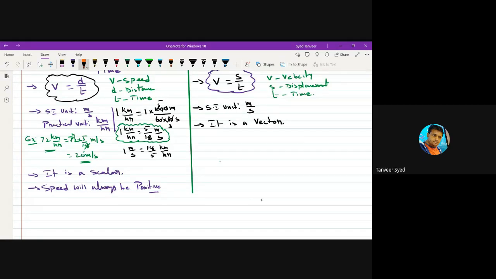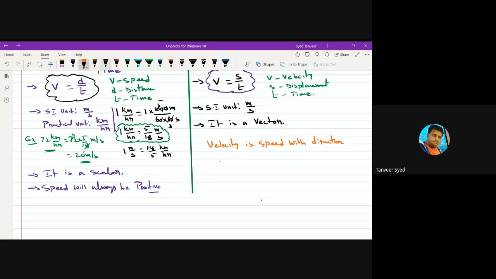That means from our discussion and from our knowledge of vectors, we can say that velocity is speed with direction. Velocity is speed with direction. If you don't specify direction, it's speed. If you allot a direction to speed, it becomes velocity.